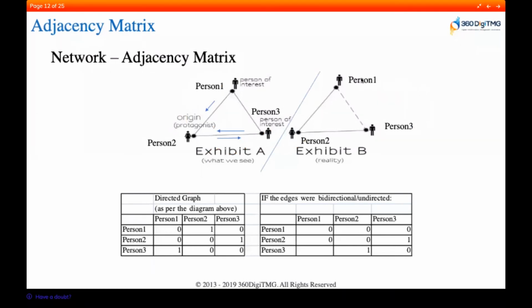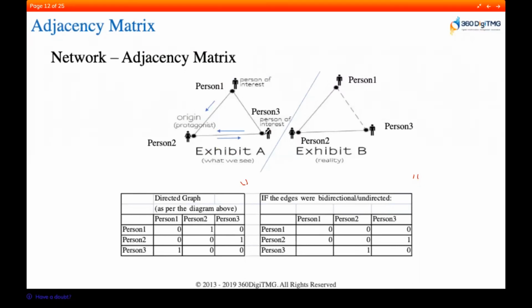This kind of representation is called an undirected representation, or you could say a bidirectional representation as well.